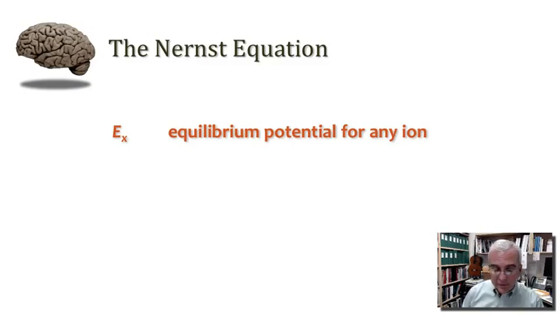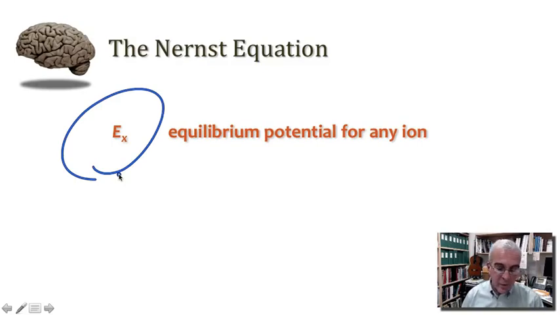So the Nernst equation allows us to predict an equilibrium potential for any permeant ion, and we will indicate that potential with this shorthand called E sub x, x being any permeant ion. Now, the more formal version of this Nernst equation includes a number of factors.